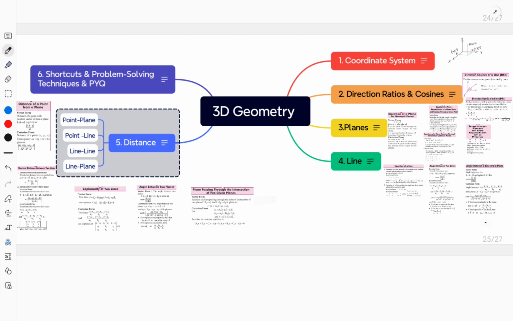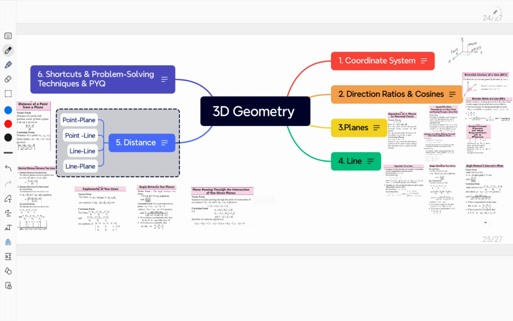From our channel JEE Math Tricks, there is one more useful and beneficial video I am making for all IIT JEE Mains and Advanced aspirants. It is a mind mapping of the chapter 3-dimensional geometry.